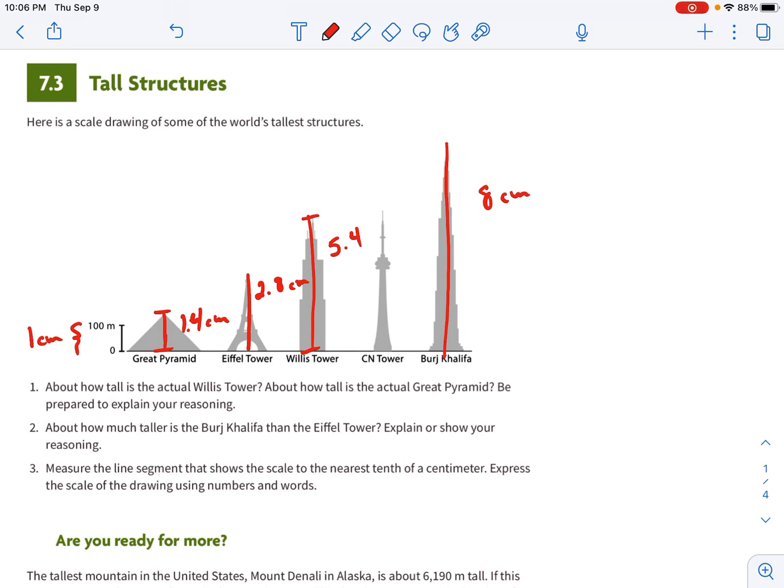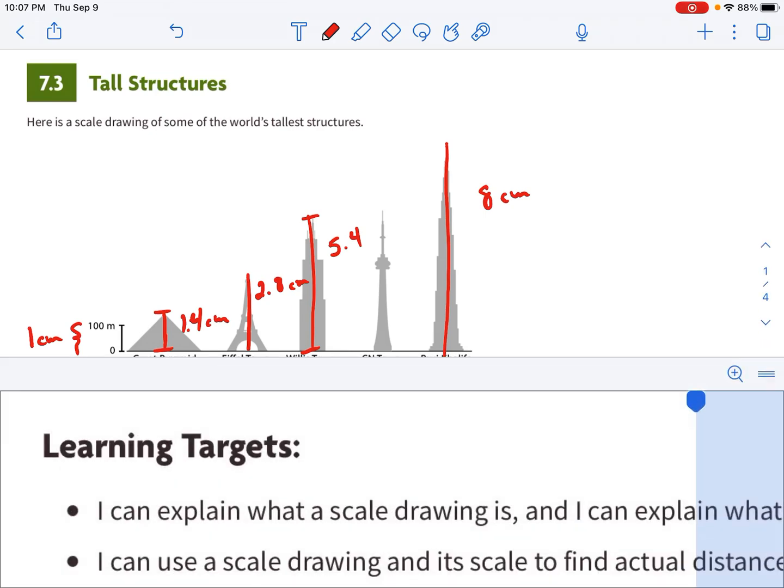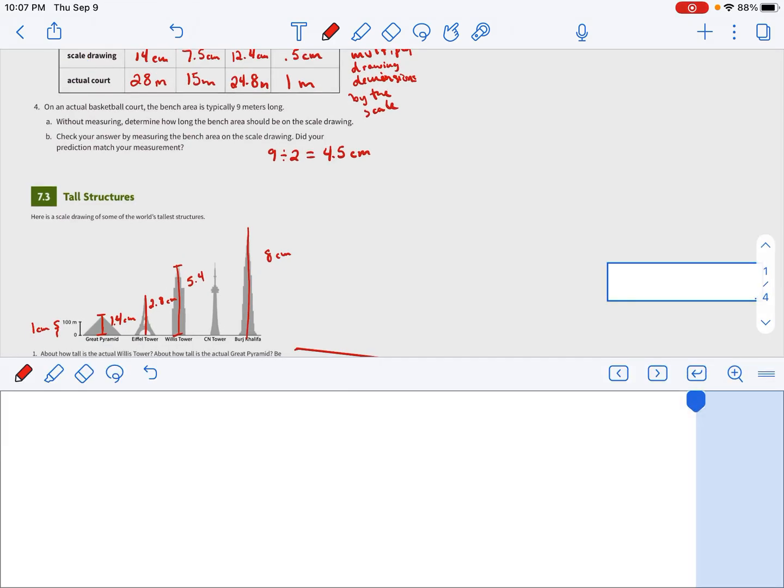About how tall is the actual Willis Tower? If it is 5.4 centimeters, and we know that 1 centimeter is equal to 100 meters, we're going to multiply our measurement by 100.